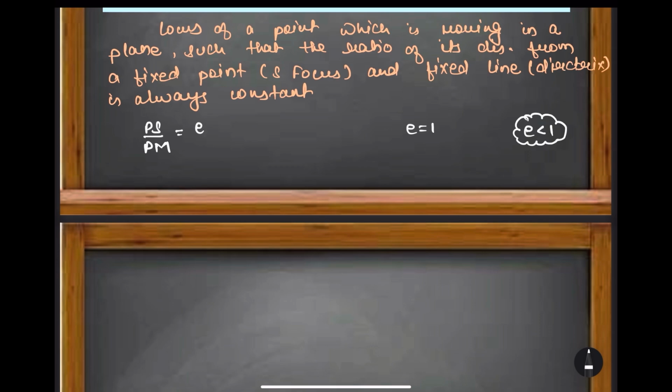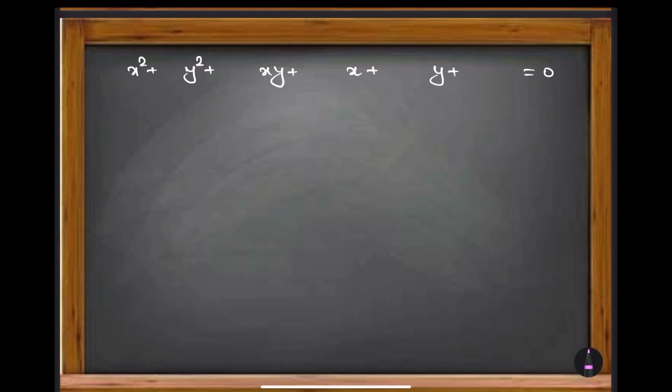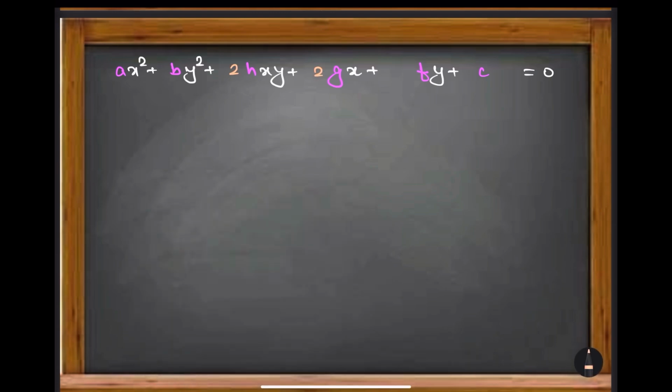Now, do you remember, in some cases they will provide you a 2-degree curve. So look at this: x square, then y square, then xy, then x, then y. These are the variables of a 2-degree curve. Then we used to use the numbers a, b, c, f, g, h, and then we have constants 2, 2, 2.